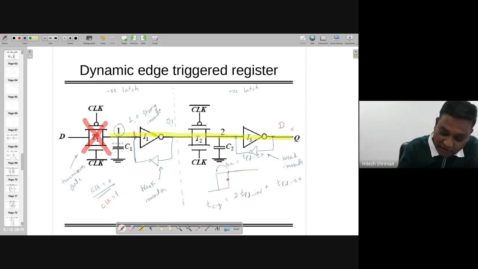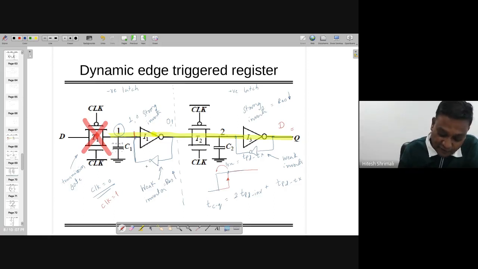Now the meaning of strong inverter and weak inverter remains the same. When a strong inverter is there, the resistance is low, and when weak inverters are there, the resistance is very high. So in the feedback, if there is reverse conduction, these things will take longer time, and you won't have disturbances coming from this reverse conduction.